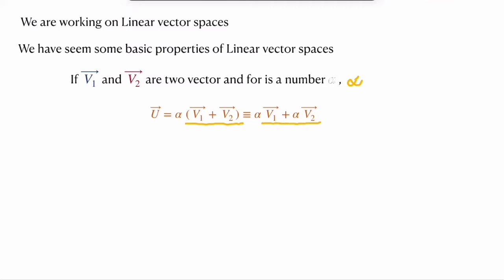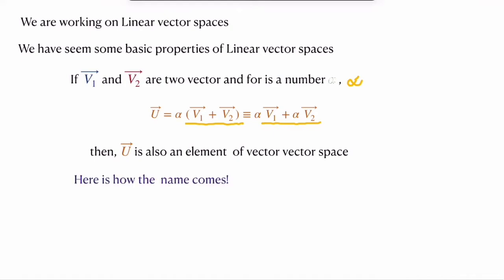If V1 and V2 are elements of a vector space, then U defined like this should also be an element of the vector space. This is how the name linear vector space comes, because the linear combination is an element of a vector space.